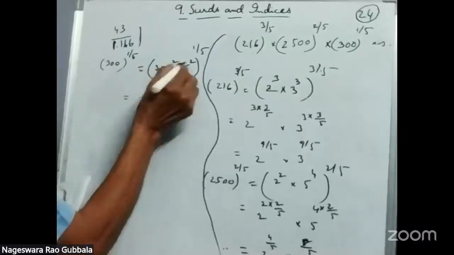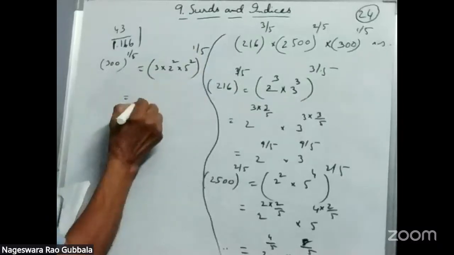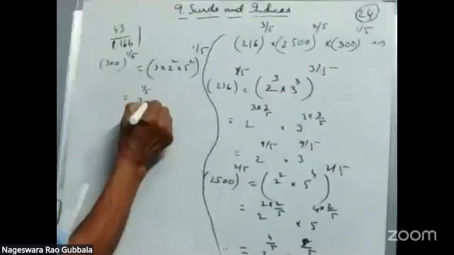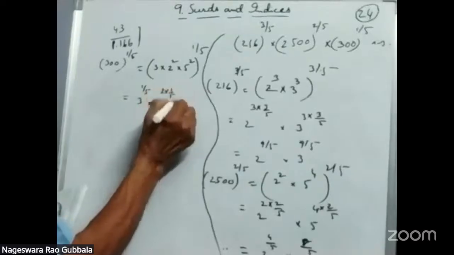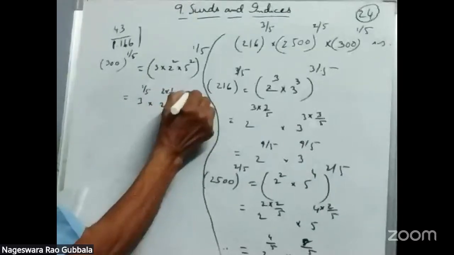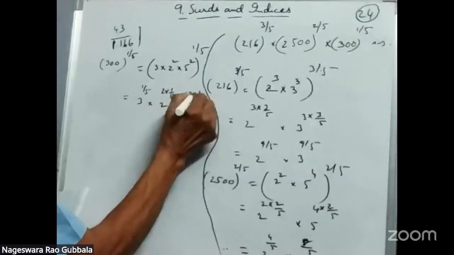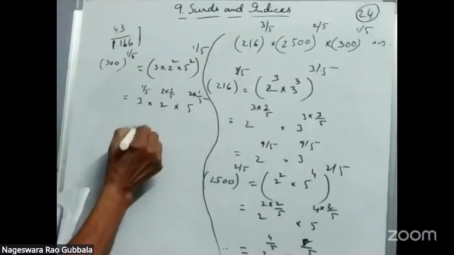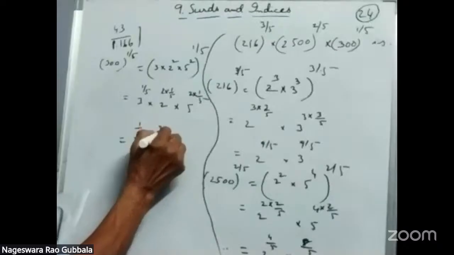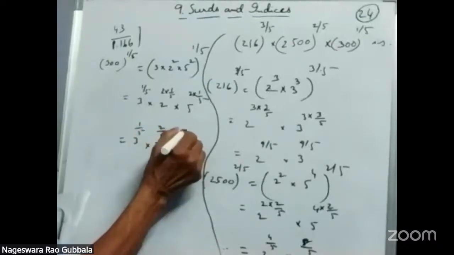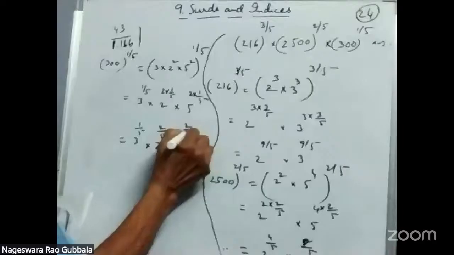Then apply 1 by 5: 3 to the power of 1 by 5 into 2 to the power of 2 by 5 into 5 to the power of 2 by 5.